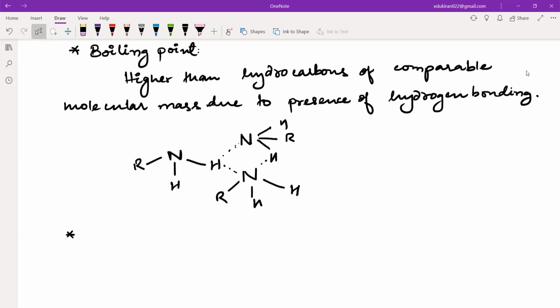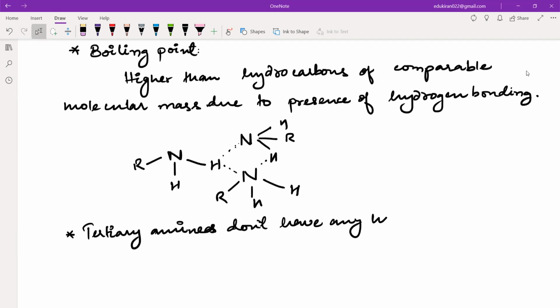One more point you can write: tertiary amines don't have any hydrogens attached to nitrogen.